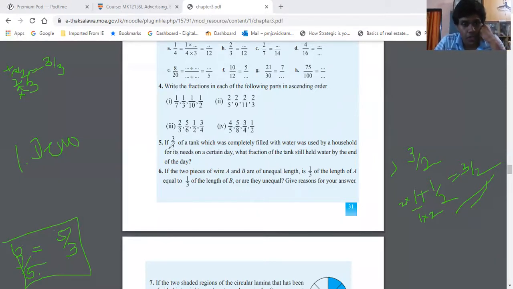So let's move on to the question. If 3/4 of a tank which was completely filled with water was used by a household for its needs on a certain day, what fraction of the tank still held water by the end of the day?